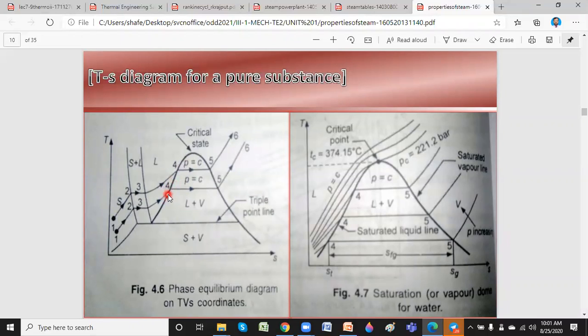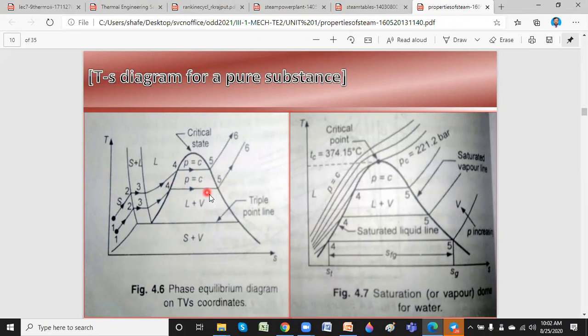And 5 is purely vapor, so I can take H5, which is nothing but Hg. Understood here? Now in between, I have to add HFG to get Hg at this point.